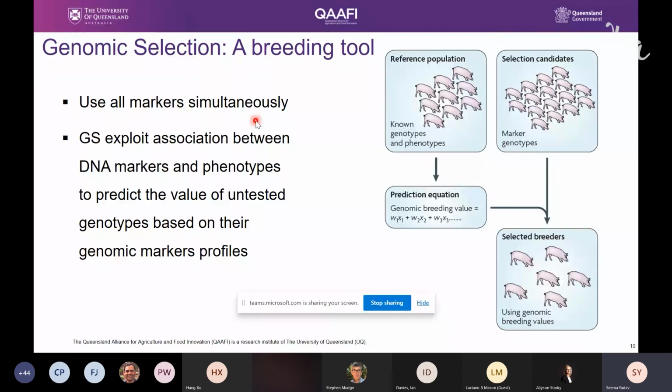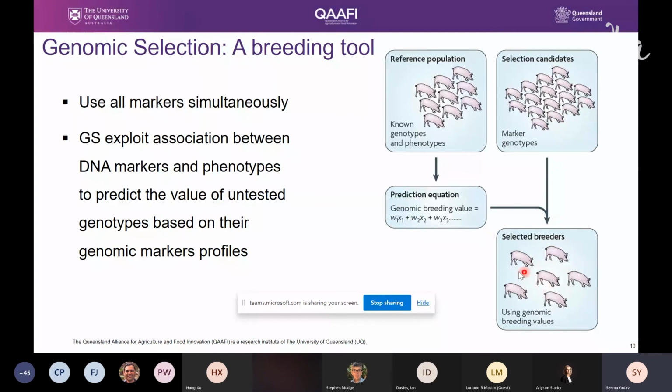There are basically two steps when we implement genomic selection. We create a reference population with known genotypes and phenotypes from field data, and based on this reference population we develop a prediction equation, from which we calculate all the marker effects. Then we use this prediction equation on selection candidates, which are not tested in the field but have marker genotypes, and based on their marker profile we can predict their breeding value.